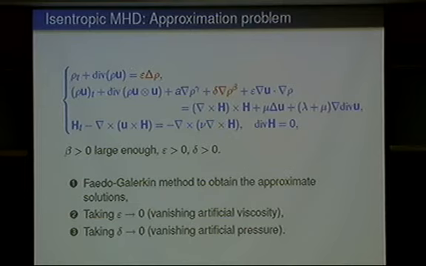So first you want to look at the solution of this approximation problem. So you get an approximate solution, and then you take epsilon goes to 0. This is the vanishing artificial viscosity, and then you take the vanishing artificial pressure, delta goes to 0. Of course, it takes lots of effort to prove how to pass the limit.